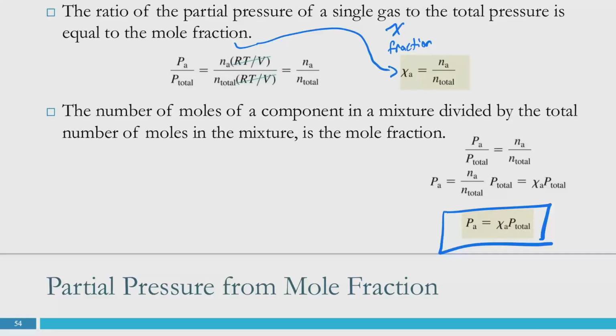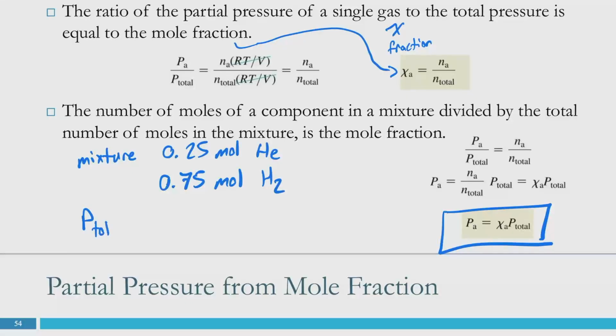So if we've got a mixture of 0.25 moles helium, 0.75 moles hydrogen, and that's our entire system, and we've got a total pressure, we'll make it 1.5 atmospheres.